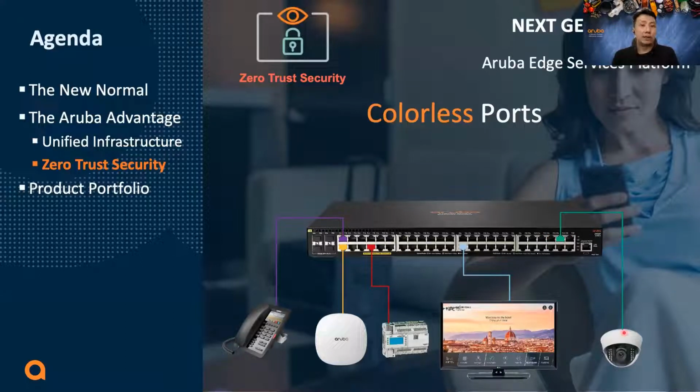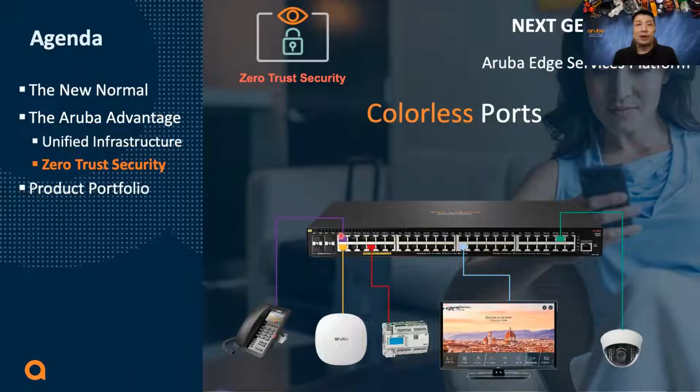These are all static. So if I'm a hacker, I plug my laptop into the surveillance port, and that means I have access to the camera VLAN. To solve this problem with Aruba, we make all the ports dummy VLANs. That means if we do not know who you are, or what device you're using, we will block your access until we know who you are.